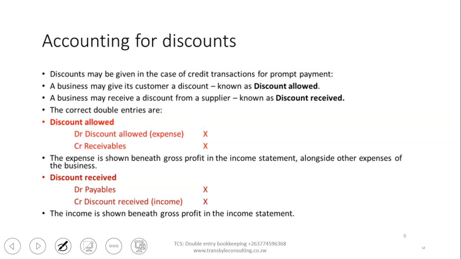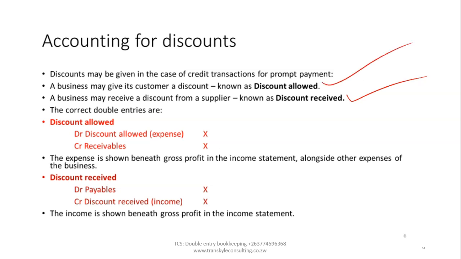Accounting for discounts. You will discover that in the course of business, companies might be given discounts by their suppliers. When a company has been given a discount, we call that a discount received. But when that company sells goods to a customer at a discount, we call that discount allowed.